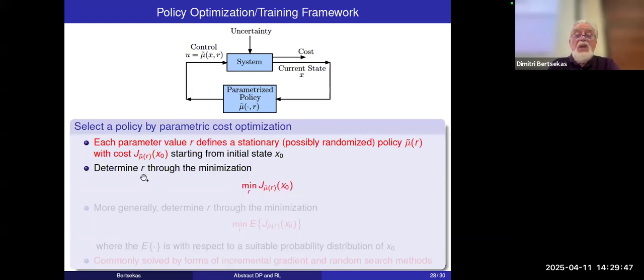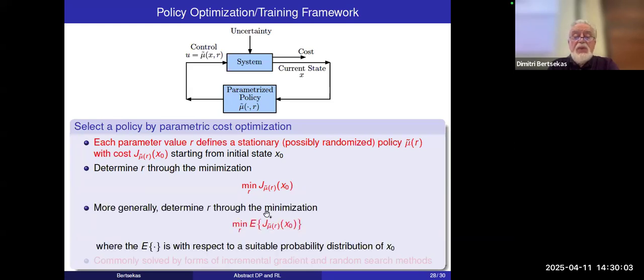And now we optimize over all parameters within the parametric class. We minimize this expression. Hopefully this one has a gradient. Hopefully you can use some kind of a gradient method. And there's also a generalization where, instead of optimizing for a fixed initial state, you optimize with respect to a probability distribution of states.